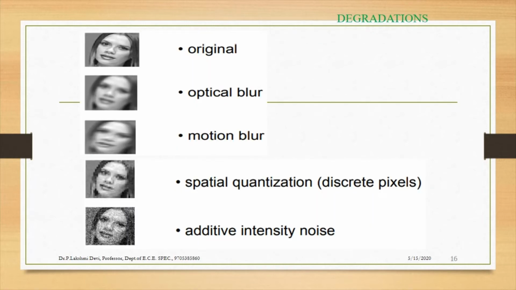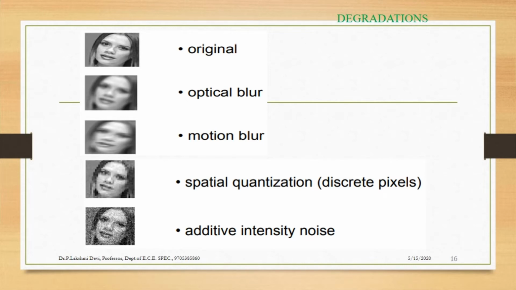Let us see here. The first figure is the original image. The second figure is optical blur. Due to the blur, that image is degrading in quality. That blurriness we call optical blur. The third figure is motion blur. And the fourth figure is spatial quantization, that is, discrete pixels. Spatial quantization is a problem regarding spatial locations.